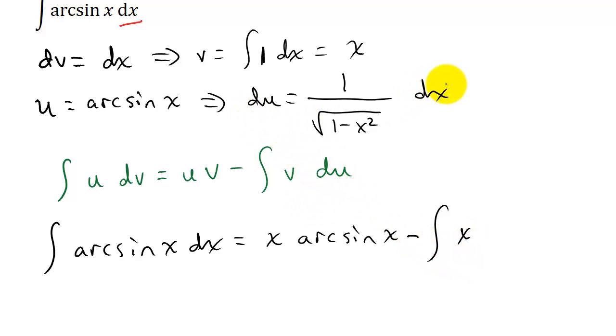And what's du? Well, it's this whole thing right here. So that's 1 over the square root of 1 minus x squared dx.